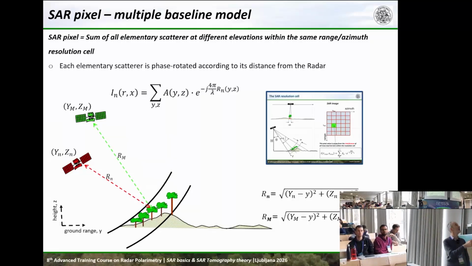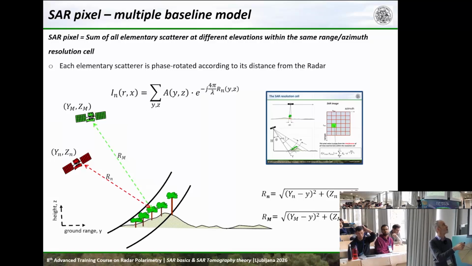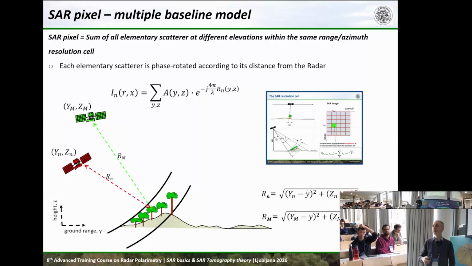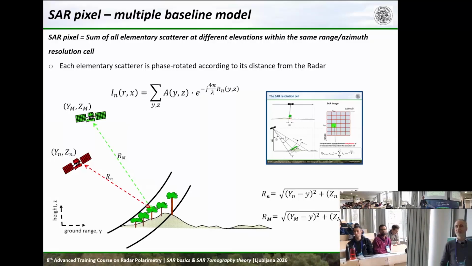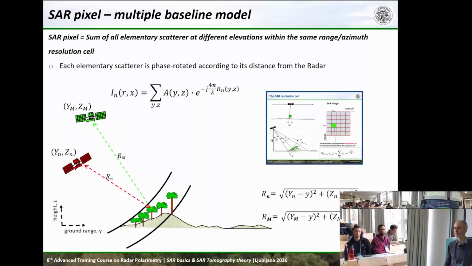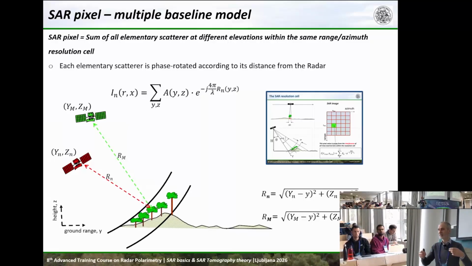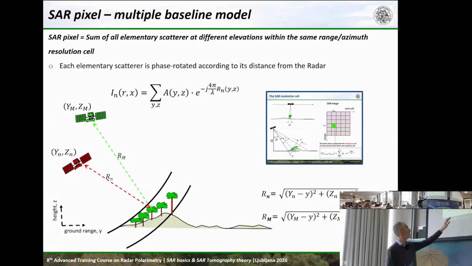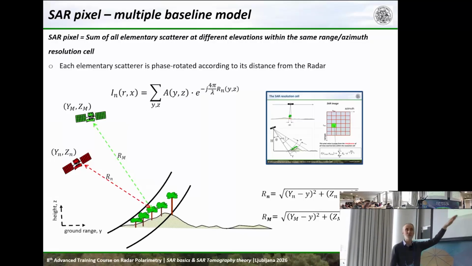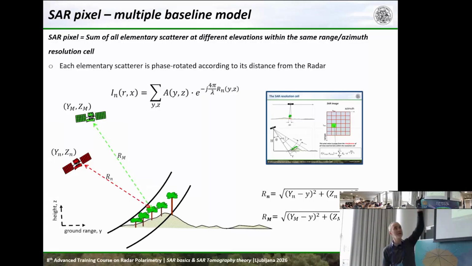This would be the expression of the complex value of the pixel in the presence of many targets. So whatever is in your resolution cell contributes to that pixel. And we want to generalize this expression for many different orbits. In all those pictures, we always fly in this way.